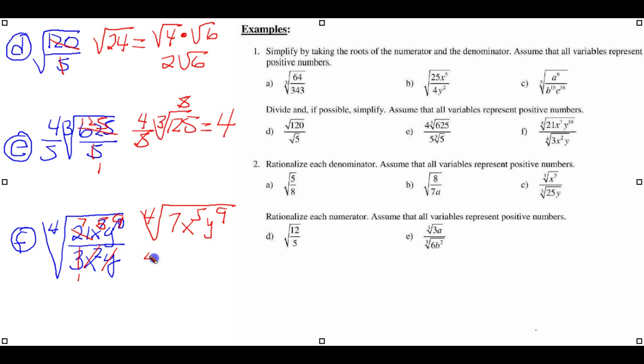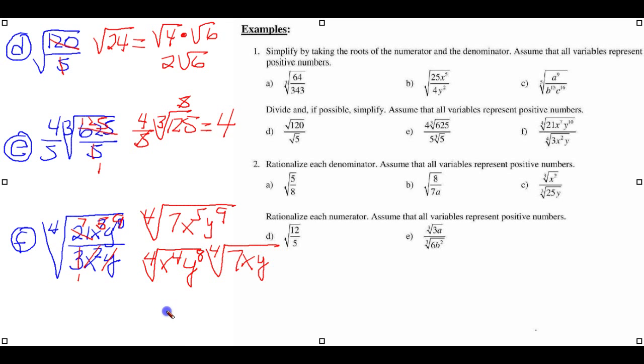Well, the same rules that we used before. 2 radical signs. And we're going to separate them into those that are perfect fourths and then whatever's left over. Well, 7 doesn't go into anything here, so just a 7. Here we're going to have x to the 4th. That's a perfect fourth, and there's an x left over. We have y to the 8th, and there's a y left over.